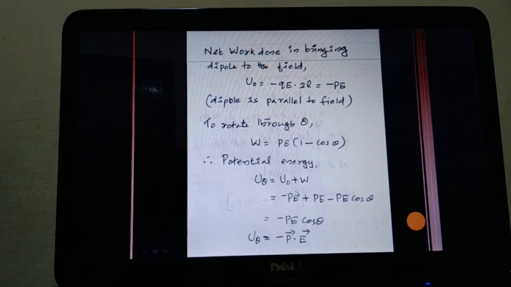So U0 is equal to minus PE, and W will become PE minus PE cos theta. So minus PE plus PE minus PE cos theta, the minus PE and PE cancel, and that will become minus PE cos theta.